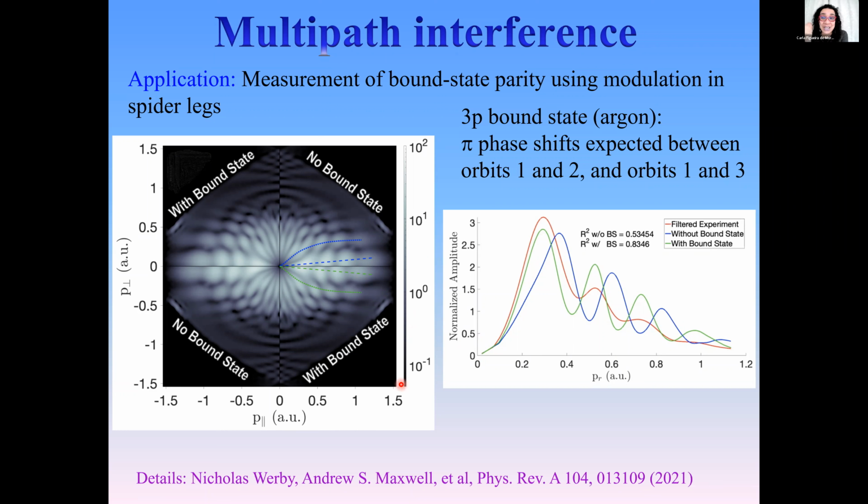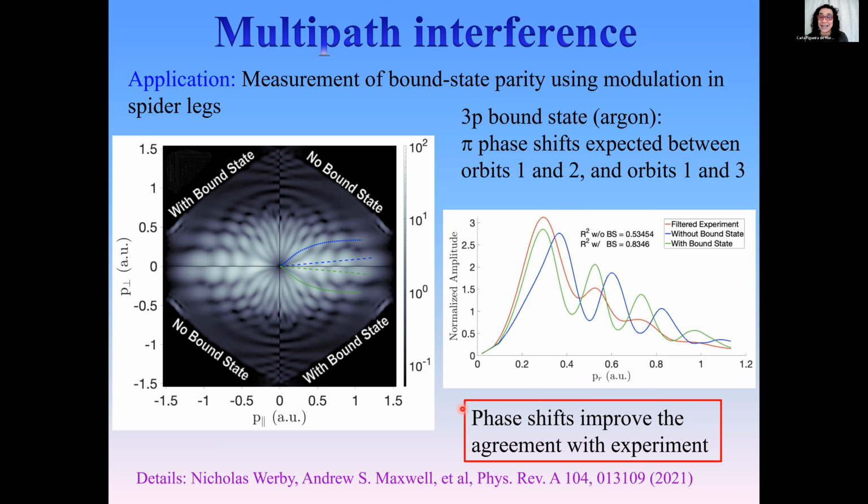You can use modulations on holographic structures like the spider, which is very, very strong, both in theory, experiment, whatever you do. I mean, many people have struggled to get rid of the spider because it's very strong, but you can use modulations in the spider which come from other types of interference. And they do agree if you include... We included other things as well, but they do agree.